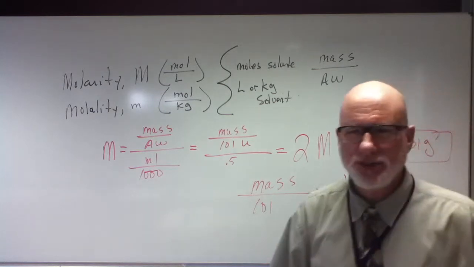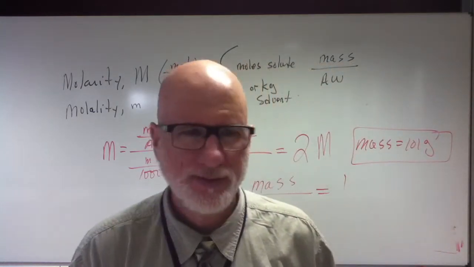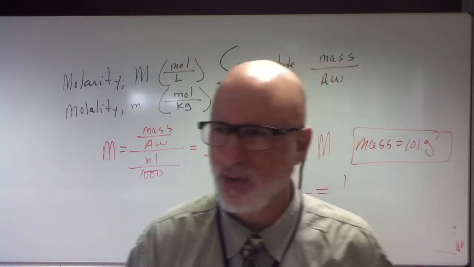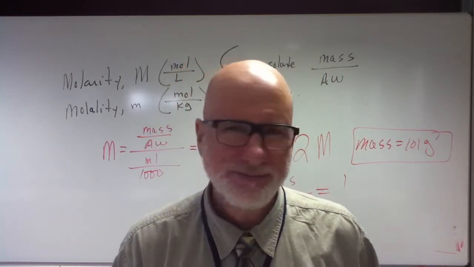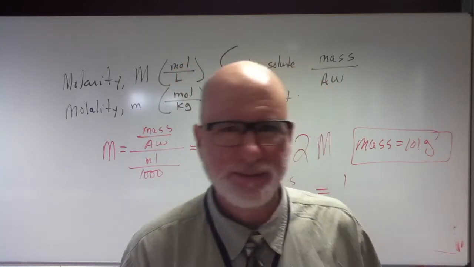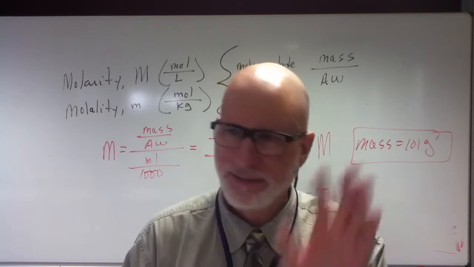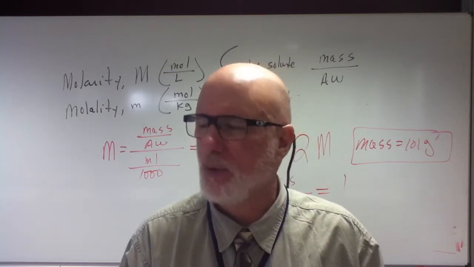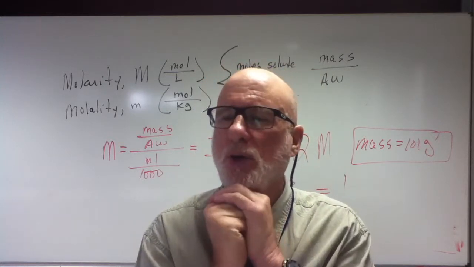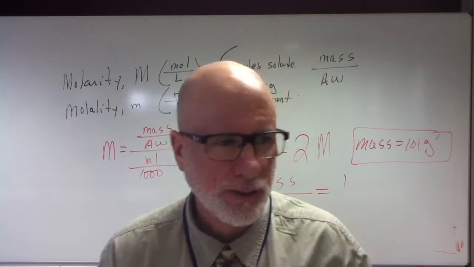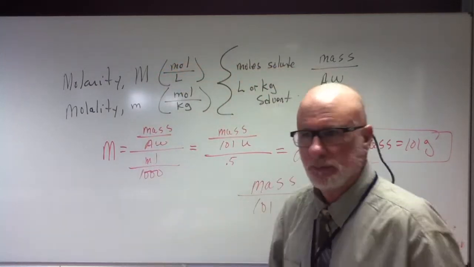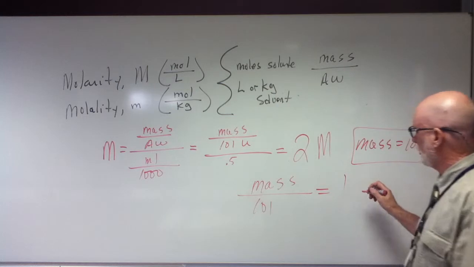The way I teach this stuff is you have to have a lot of faith in unit labels. What are the unit labels for these things? And everything works out fine. What are the unit labels for moles?